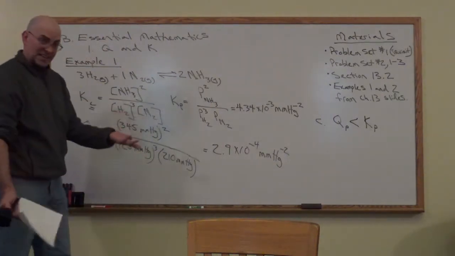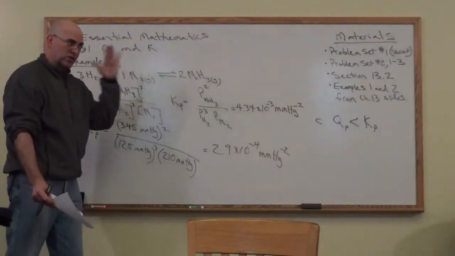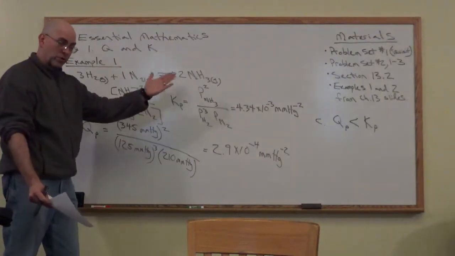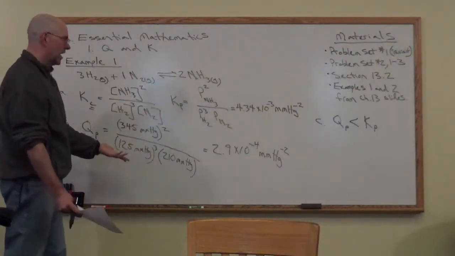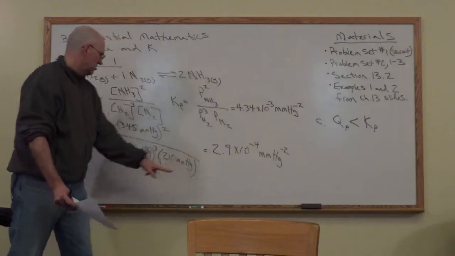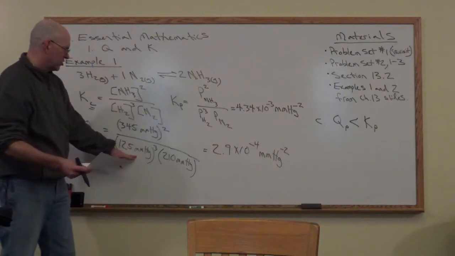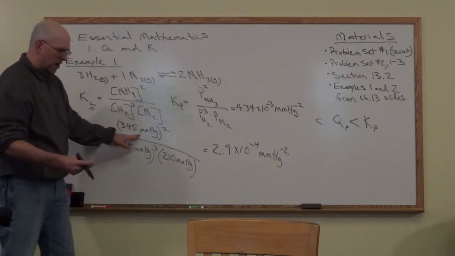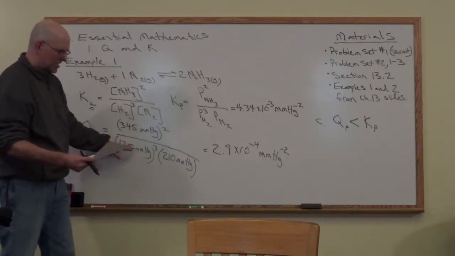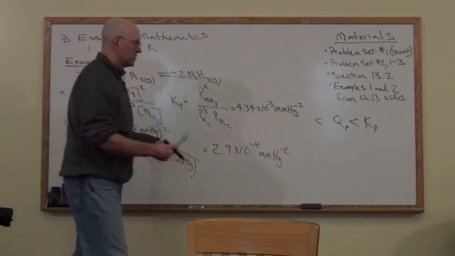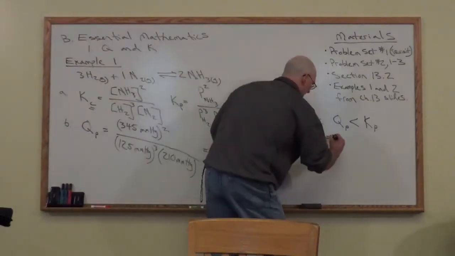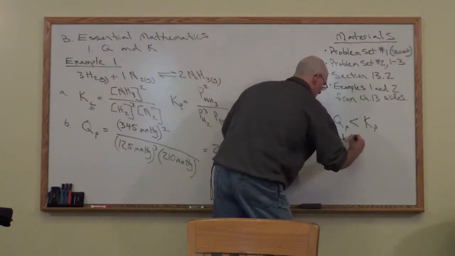Okay, so this is Le Chatelier's principle, the idea that equilibrium shifts back and forth to reach equilibrium. Well, if this is smaller, that means that the reactants are bigger than they should be, and the products are smaller than they should be. So, what does that mean?